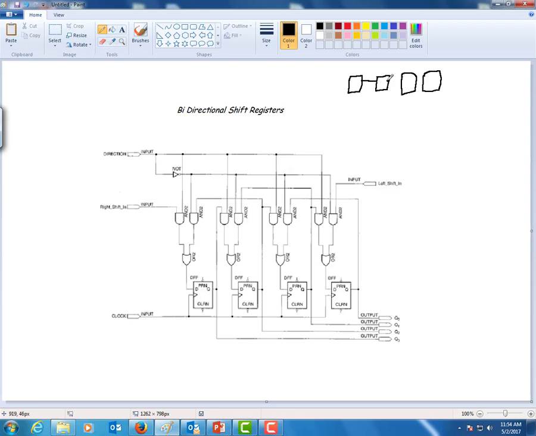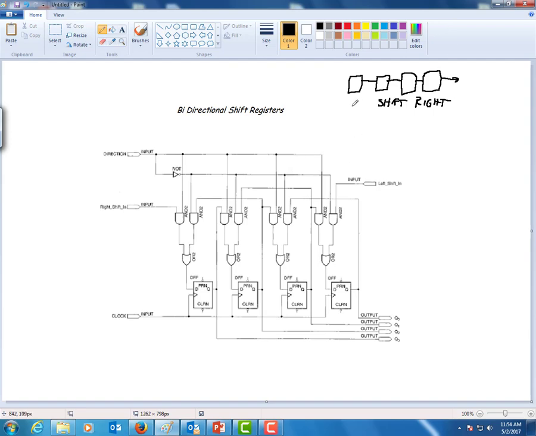The output of this one is going to the input of this one. The output of the third one is going to the input of the fourth one. And then this one is just going to shift off into bit land. Who knows where it's going to go? But the point is, this is a shift right. Okay?